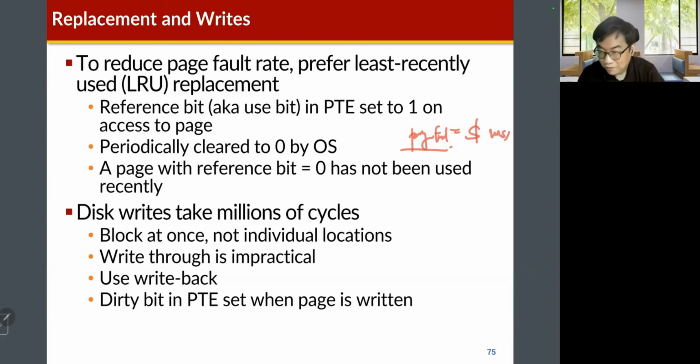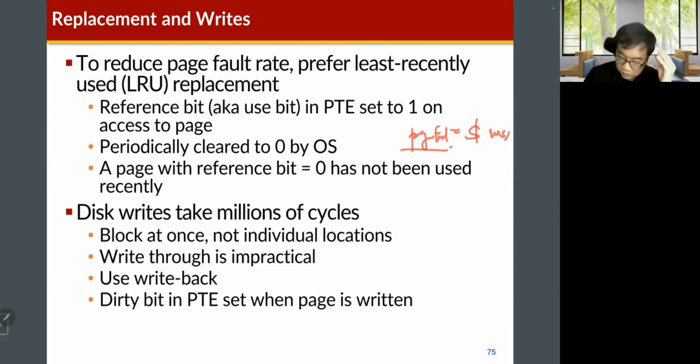Also, when this replacement policy is applied to cache, for the 8-way set associative cache, we can apply the LRU replacement policy to 8 different cache blocks, right? But for memory, it's not practical to apply the very precise LRU algorithm for this page replacement policy.